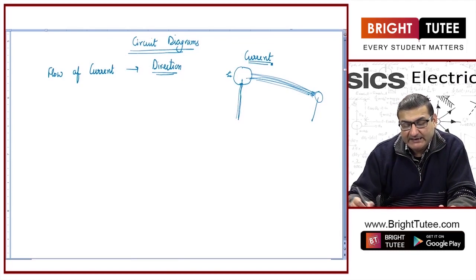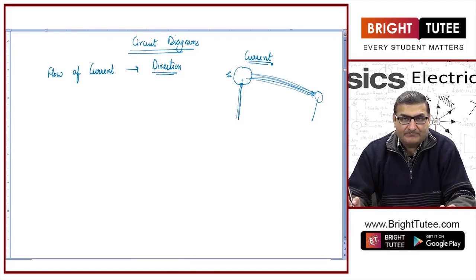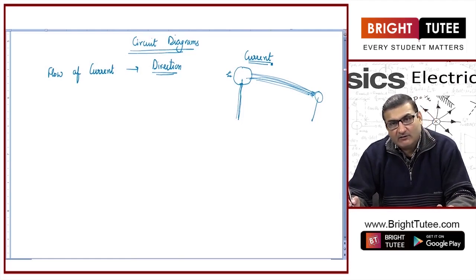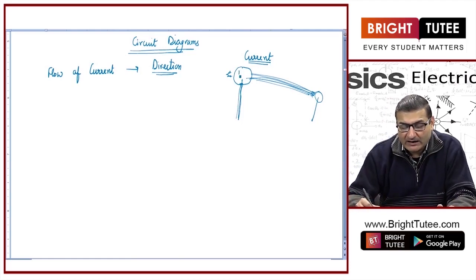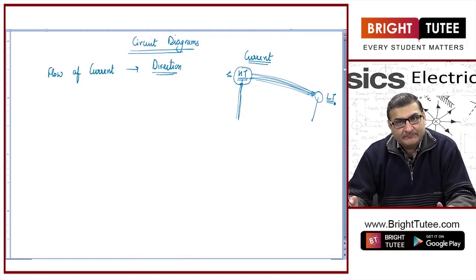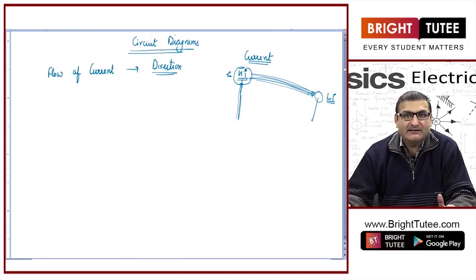When the idea of flow of charges was taken into consideration, it was considered that current or charges will always flow from a higher terminal or higher potential to a lower terminal or lower potential. Anything considered to be at higher potential or higher terminal is positive.